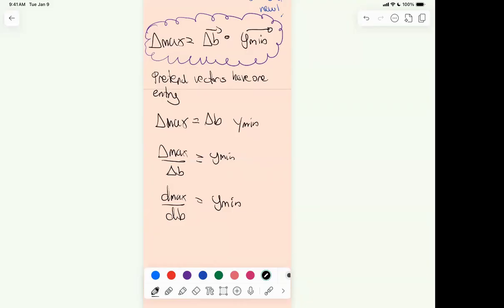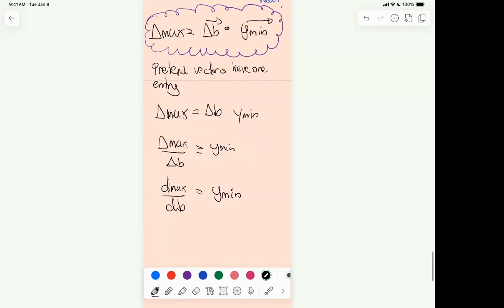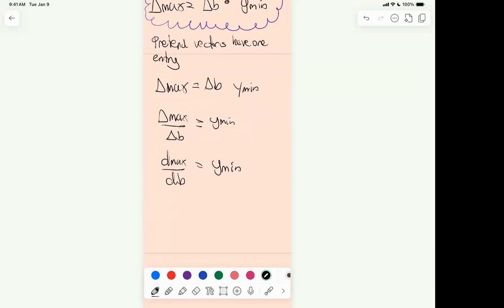So if this were literally Calc 1, where you're just dealing with variables and not vectors, then the variable that minimizes the dual is a rate of change, is a derivative. And there's a generalization of that, which is roughly what the Lagrange multiplier is, if you have taken multivariable.